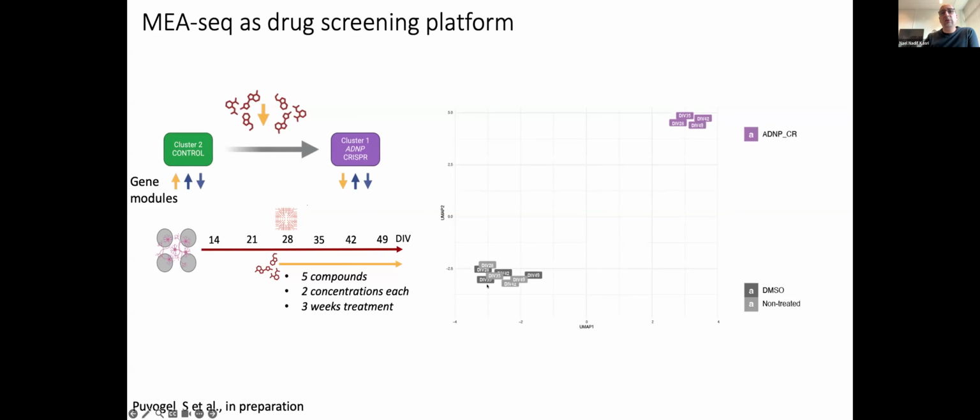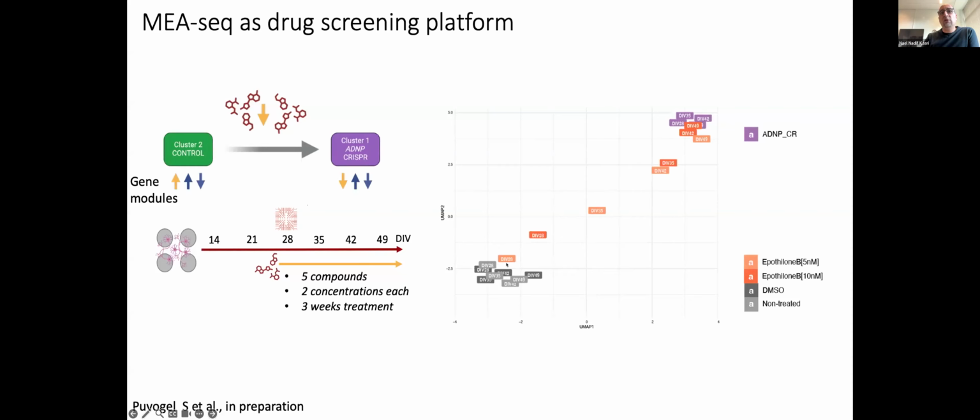And so what is interesting to see, here you have all the controls. If you start adding certain compounds, you see this beautiful time and dosage dependent movement from the control to the disease.